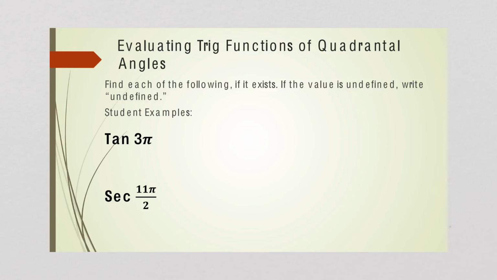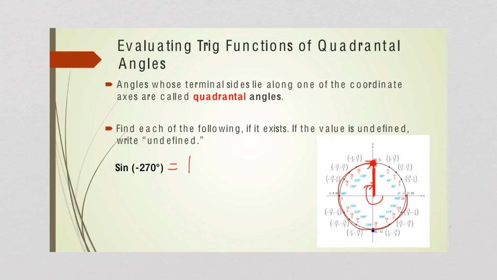Now, these are student examples, but you need to keep in mind that we've gone a little further. For instance, the tangent of 3 pi. We know one trip around the unit circle is 2 pi, so I want a whole other pi. So we go backwards for just a second so we can look at our unit circle. If I go 3 pi, that means here's 1 pi, 2 pi, 3 pi. So I'm back over here. This is my spot.